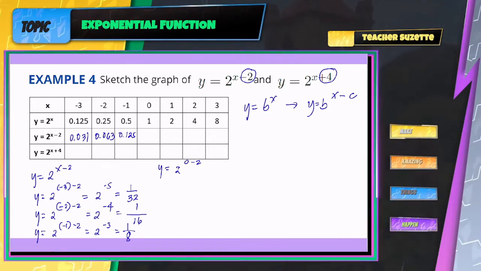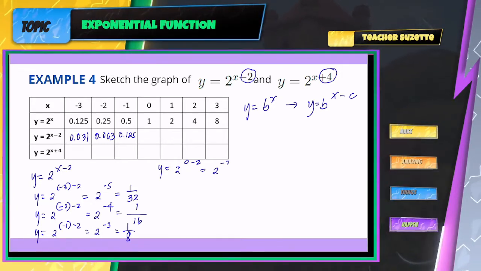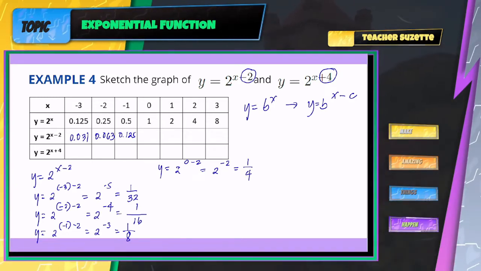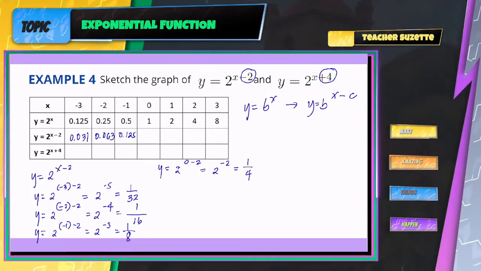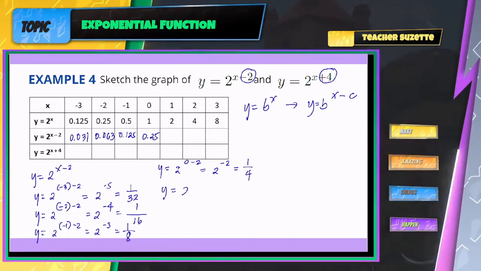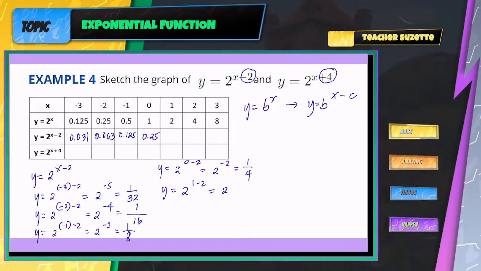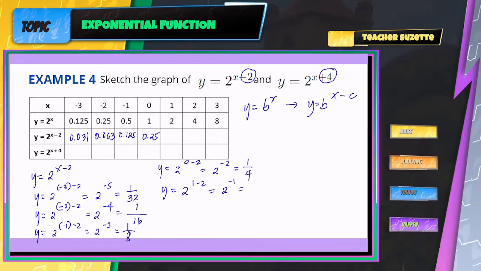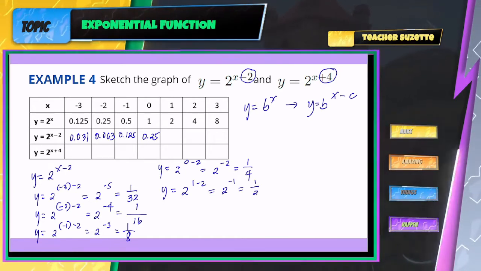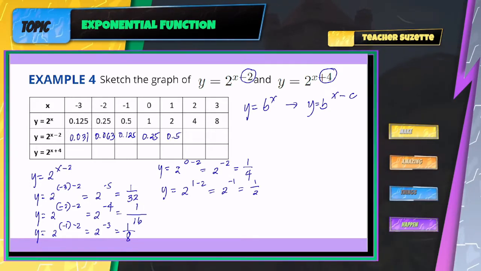And that is equal to 2 raised to negative 2. Get the reciprocal, you will have 1 over 4. 1 over 4 in decimal is 0.25. Next, y is equal to 2 raised to 1 minus 2. 1 minus 2 is negative 1. So, 2 raised to negative 1 is equal to 1 half, which in decimal is equal to 0.5.